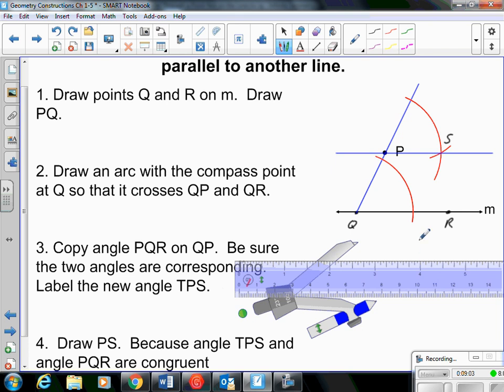So we got PS and QR. And so when we look at it, angle PQR and up here angle TPS, those two angles should be the same because they're corresponding angles, right? And the lines are parallel. And it should look like the lines are parallel. If you draw this and it's definitely not a parallel line, then try it again. It should look pretty close to parallel. If it looks like they're getting closer to each other, then something's off.